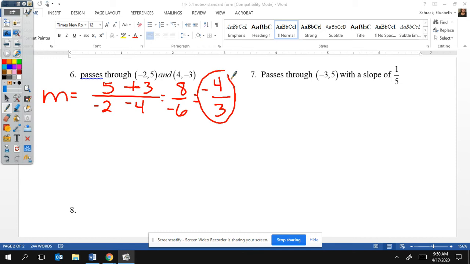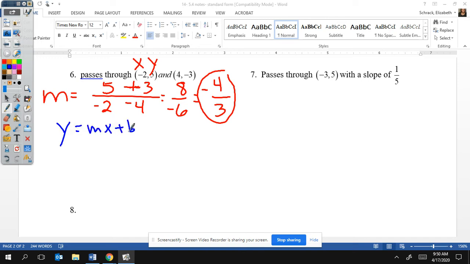Okay. We're going to do the same thing. We're going to pick one point, and this time I'll do the first point. I'll use negative 2 as my x, and positive 5 as my y. So y equals mx plus b.